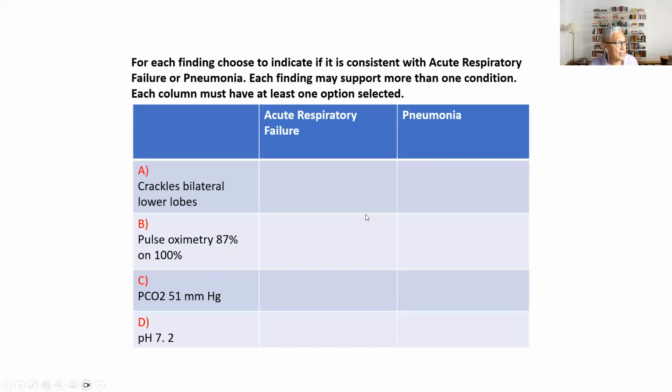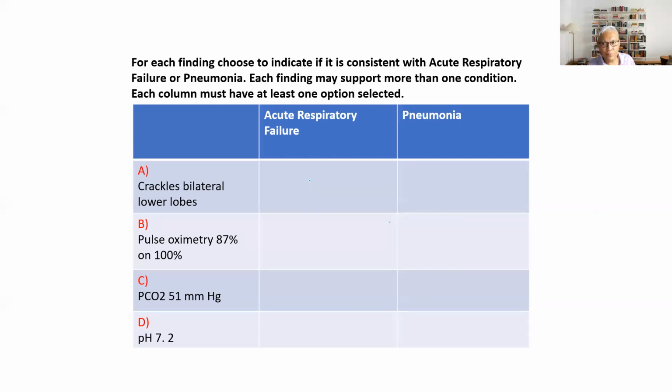For each finding, choose to indicate if it is consistent with acute respiratory failure or pneumonia. Each finding may support more than one condition. Each column must have at least one option selected. Okay. So for the crackles, would you have crackles in ARDS?